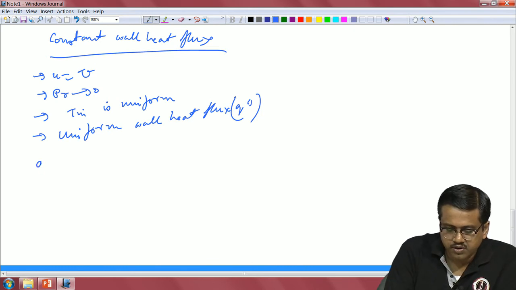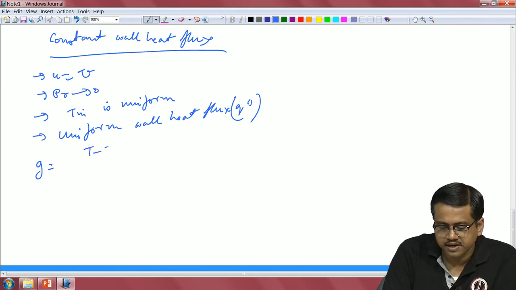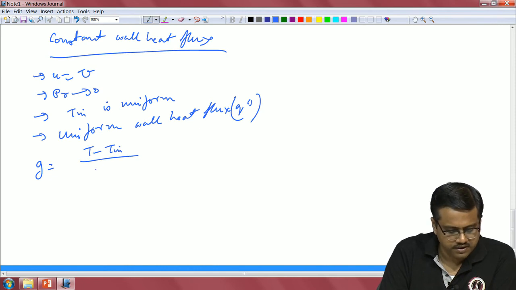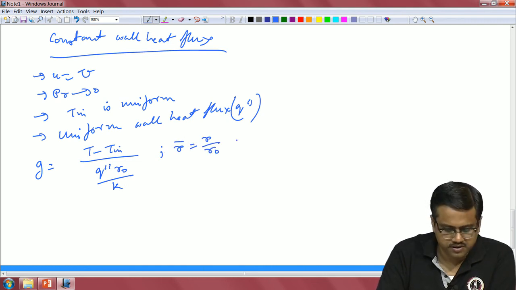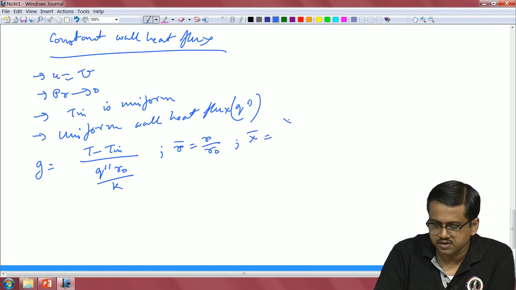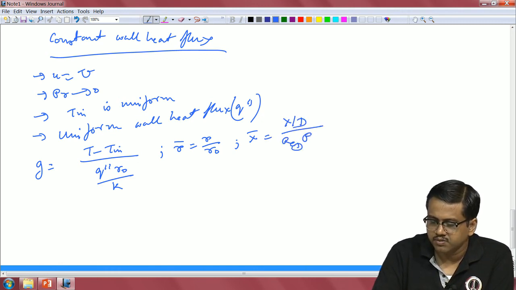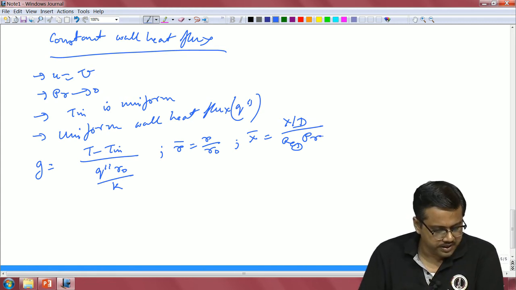So now your definition of G is T minus T in divided by Q double prime R naught by K. R bar equal to R by R naught, X bar is equal to X by D divided by Re D into Prandtl number, right.